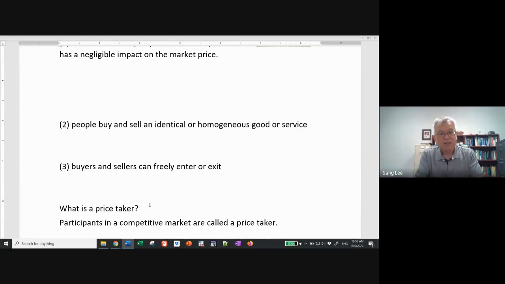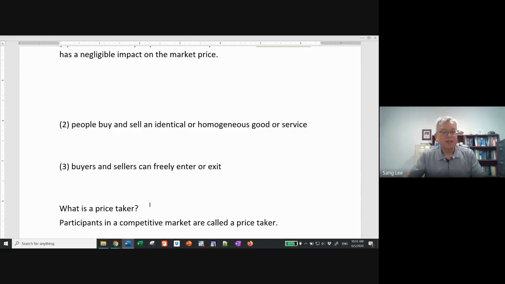Second, goods and services sold, traded in a perfectly competitive market are homogeneous or almost identical. Number three, in a perfectly competitive market, buyers and sellers can freely join or leave the market.